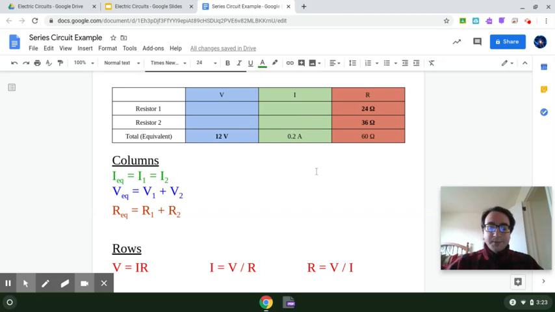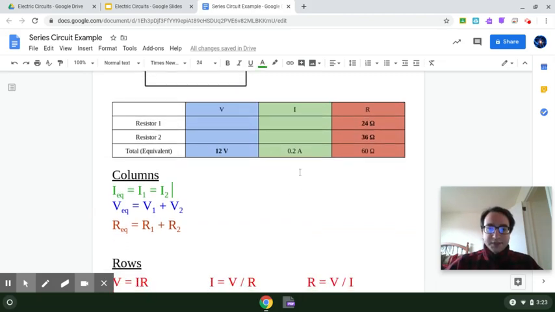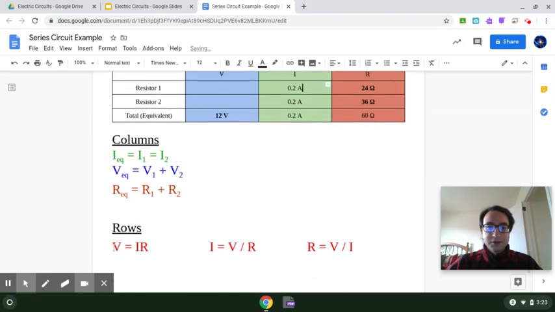All right, well, so far we've got a total current of 0.2 amps, but that's this. This is 0.2. Well, if that's the case, the current going through resistor 1 and the current going through resistor 2 is also 0.2 amps because of the green equation. All currents are the same in a series circuit. And now we say, hey, 2 out of 3 in the top 2 rows, now go back to Ohm's law.